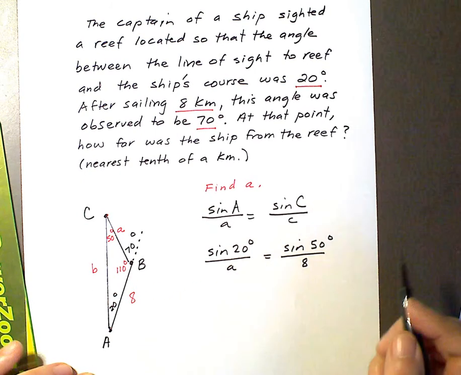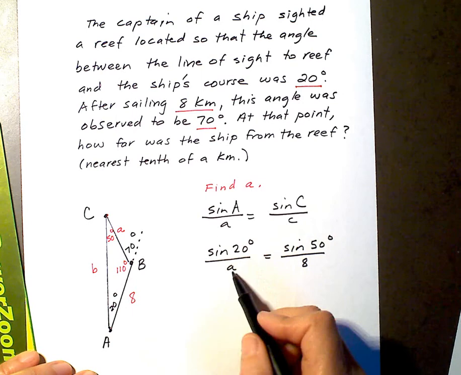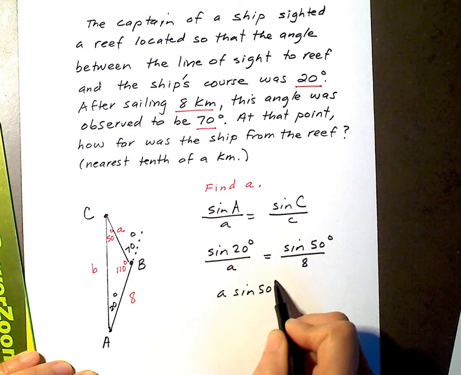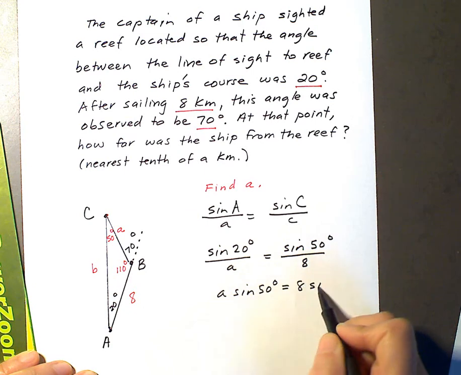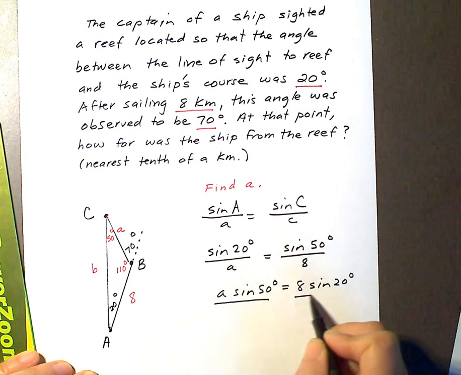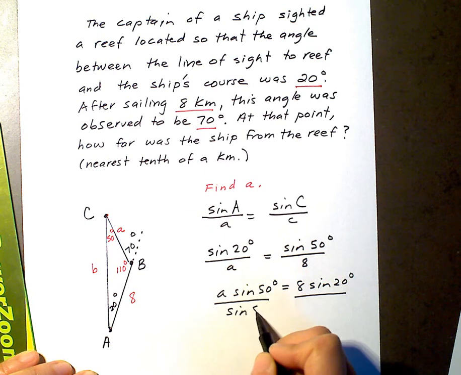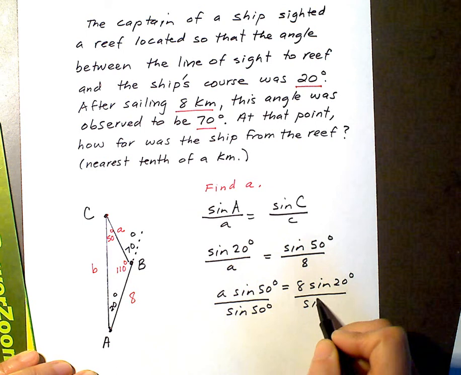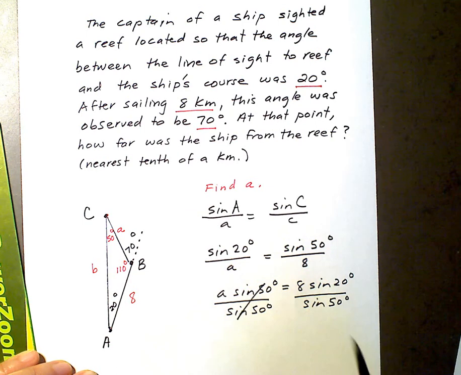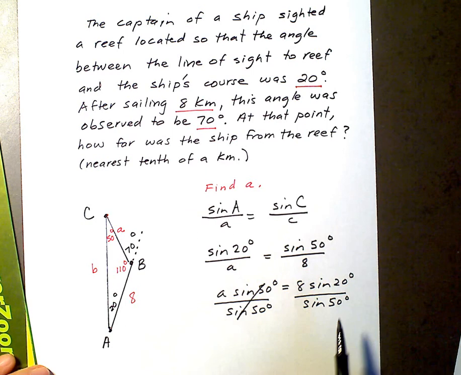So cross multiplying here, I'll go A times the sine of 50 degrees is equal to 8 times the sine of 20 degrees, and then divide both sides by the sine of 50 degrees to isolate side A. So A is equal to 8 times the sine of 20 divided by the sine of 50 degrees.